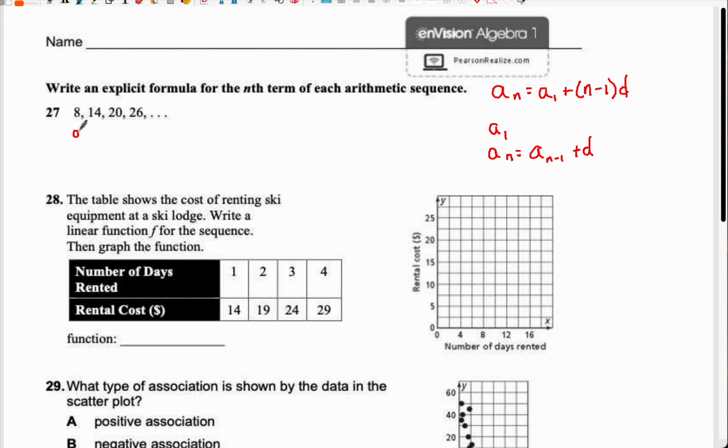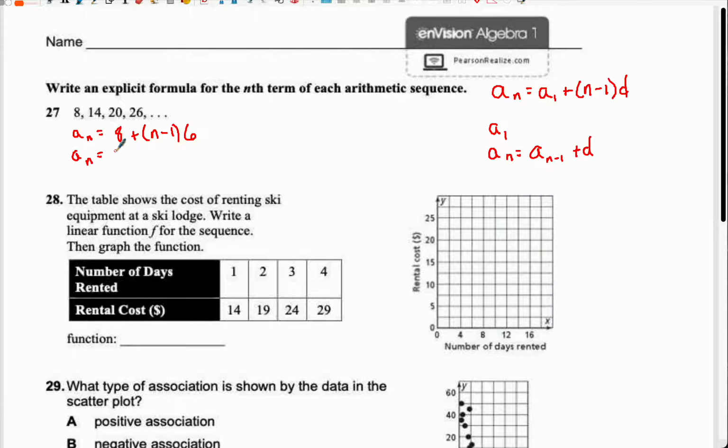A sub n equals a sub 1, the first term is 8, plus n minus 1 times, your sequence is going up by 6s, so 8, 14, 20, 26 is up by 6s, so times 6. And then just simplify it.